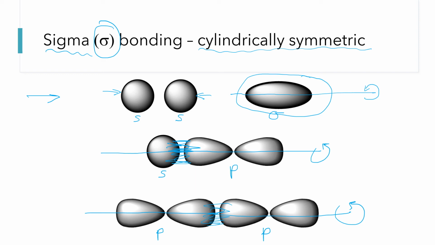We could overlap an s with an s, overlap an s with the head of a p, or overlap two p orbitals head to head. Let me make a note that this has to be head to head on the p's for it to be cylindrically symmetric.